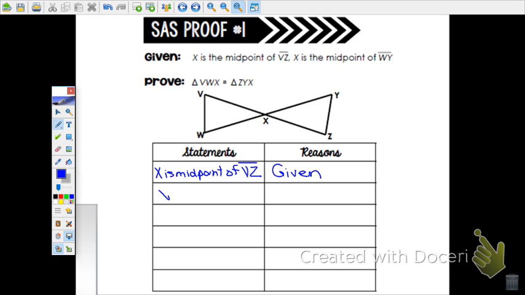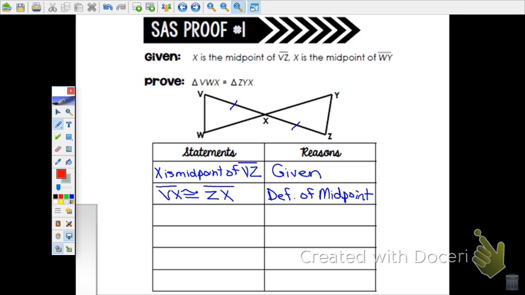Okay. VX is congruent to ZX. And that is definition of midpoint. Okay. It's cutting the segment into two equal parts.